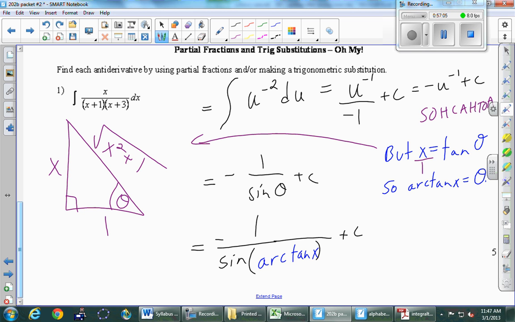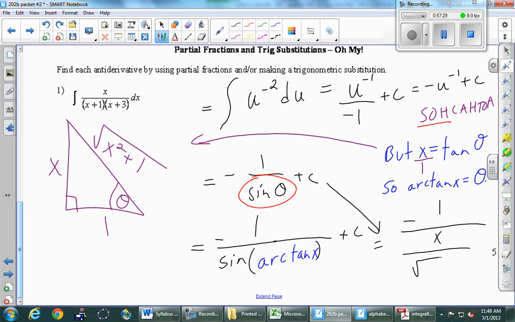And then I'm just going to ask you to look right here where the problem involved finding sine of theta. You have a right triangle. You know that sine is opposite over hypotenuse. You can read it from the triangle. What's the opposite? x over what's the hypotenuse?